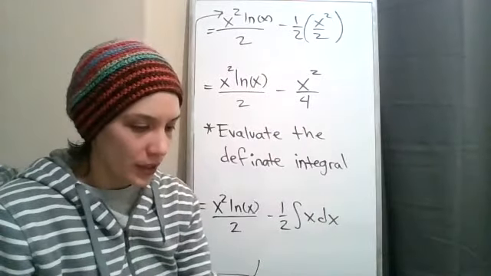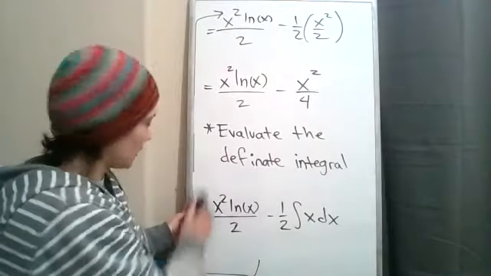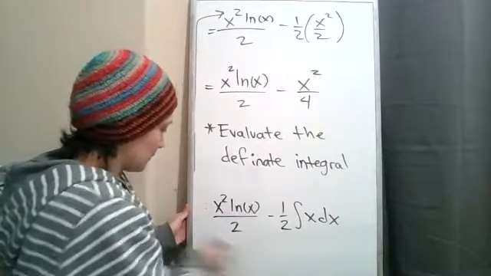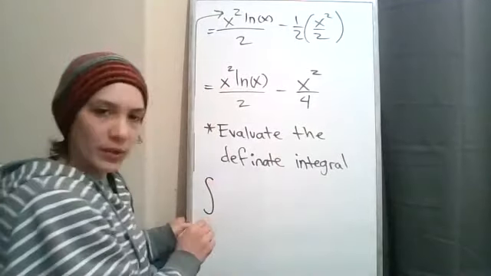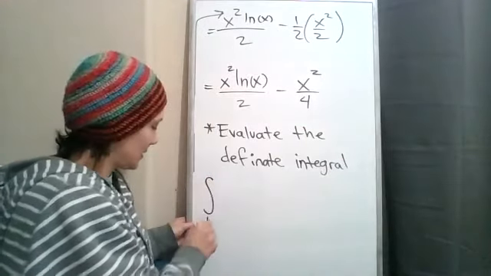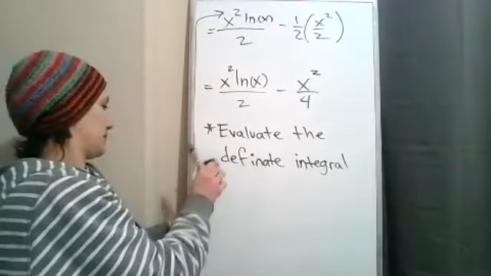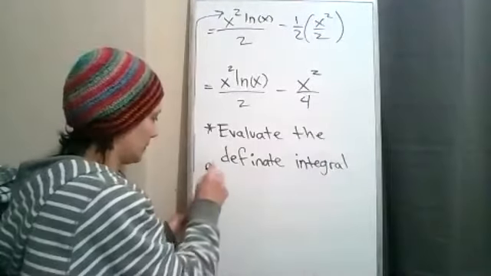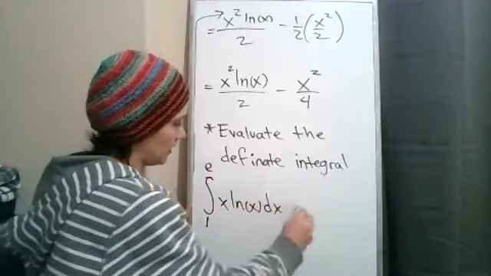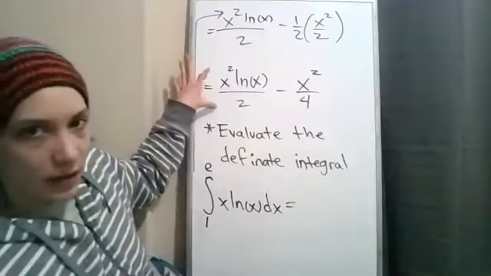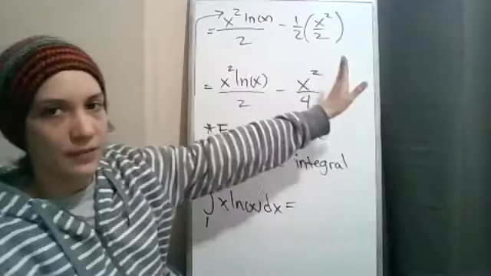Okay, so we're going to do the problem we started with. We went from 1 to e. All of this, we'll just write again with that evaluation symbol.